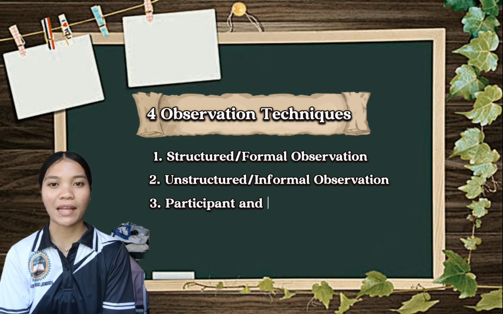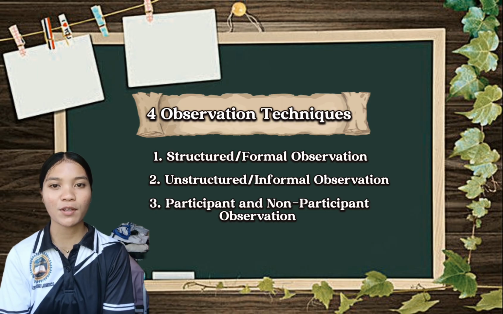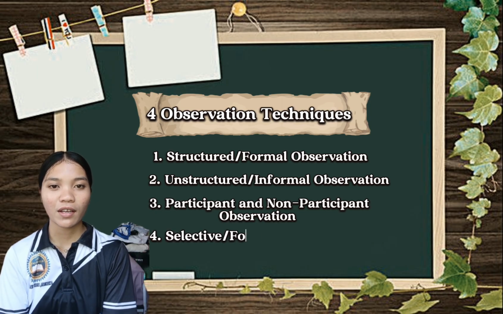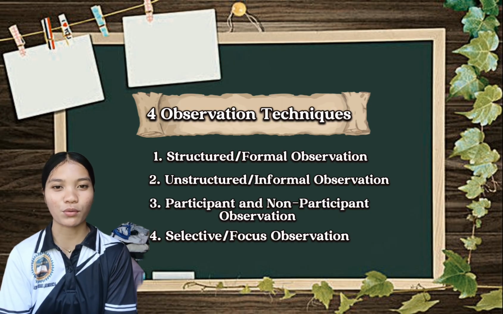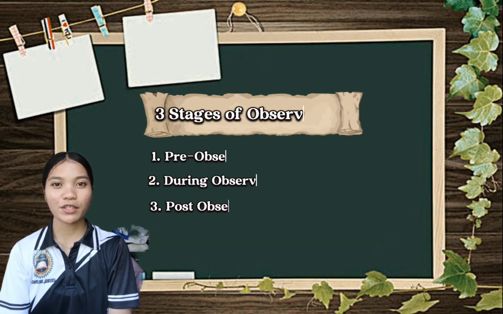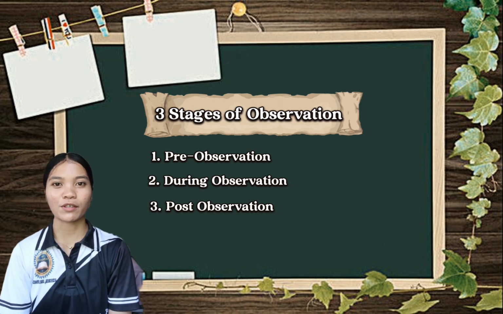Third, participant and non-participant observation, which differ based on whether the observer actively participates in the classroom activity. And fourth, selective or focused observation, which concentrates on one specific aspect of the classroom. We also discussed the three major stages of observation: pre-observation, during observation, and post-observation.